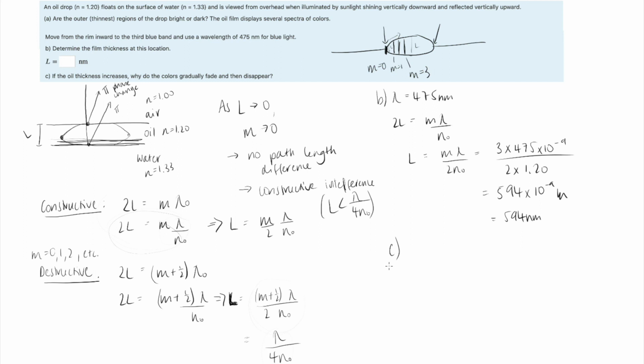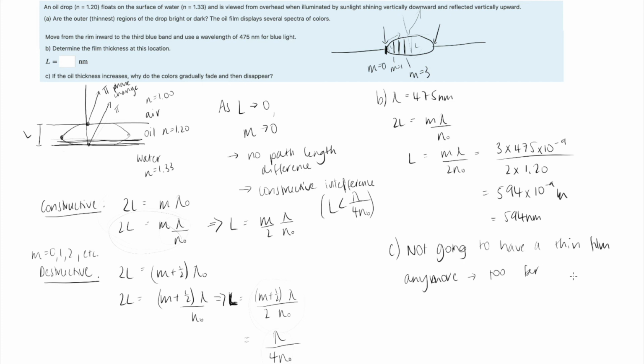Part C, if the oil thickness increases, why do the colours gradually fade and then disappear? Okay, so as the oil thickness increases, we're not going to have a thin film anymore. So if we don't have a thin film anymore, these two reflecting surfaces, the surface of the oil drop and the back surface connecting the oil to the water, are going to be too far apart.